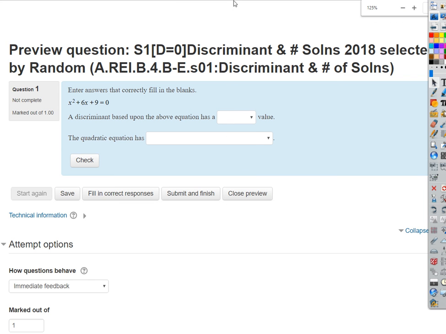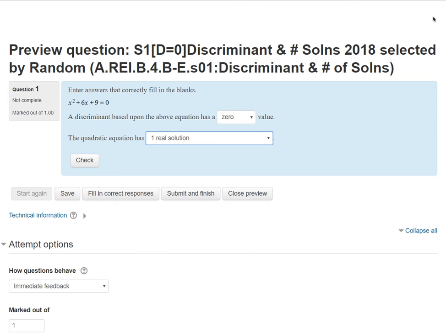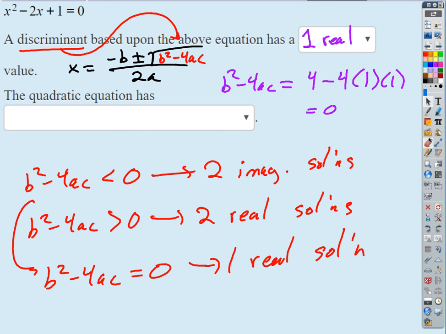So here are your choices. The discriminant has a 0 value, which means it has 1 real solution. For the other one, your choices are going to be positive, negative, 0.